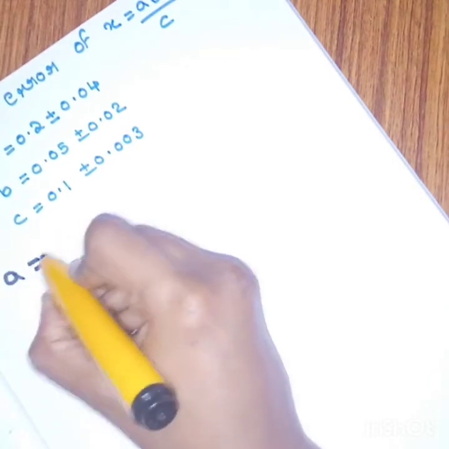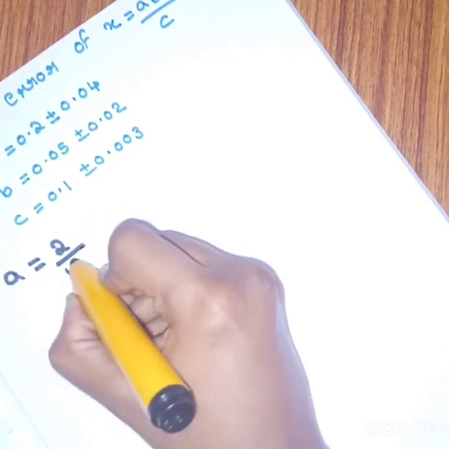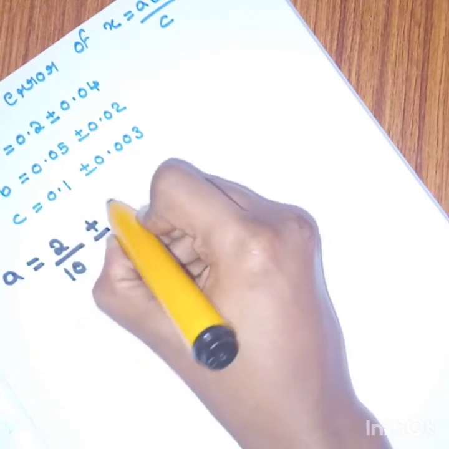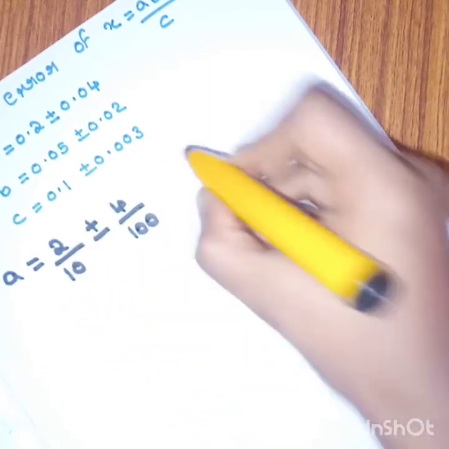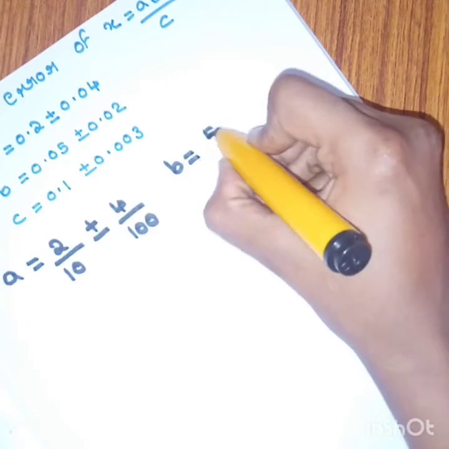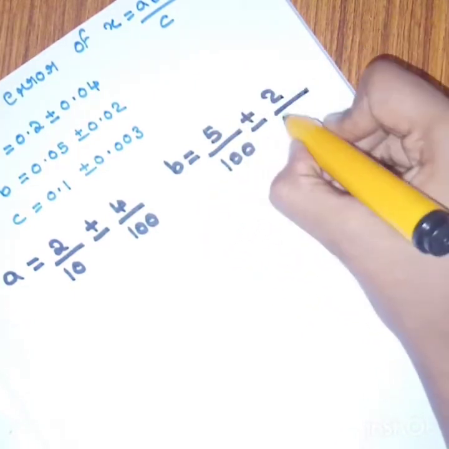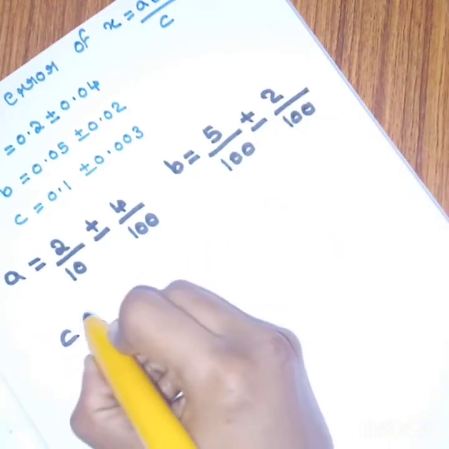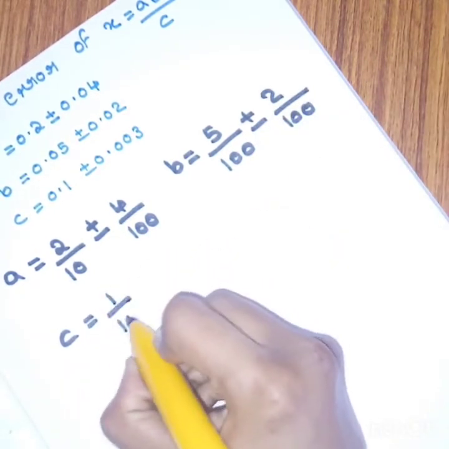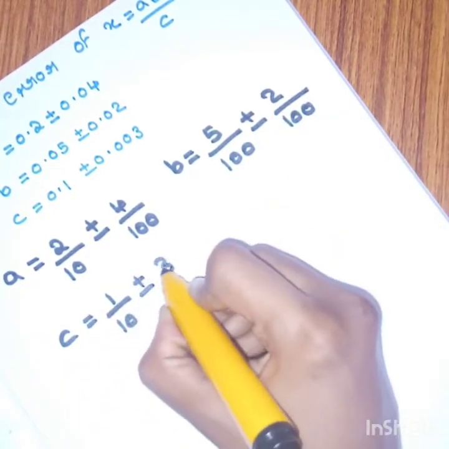That means a is equal to 2 by 10 plus or minus 4 by 100, b equal to 5 by 100 plus or minus 2 by 100, c is equal to 1 by 10 plus or minus 3 by 1000.